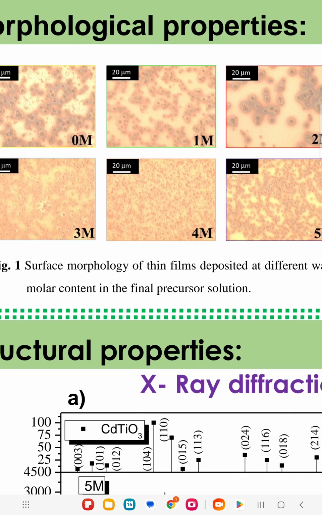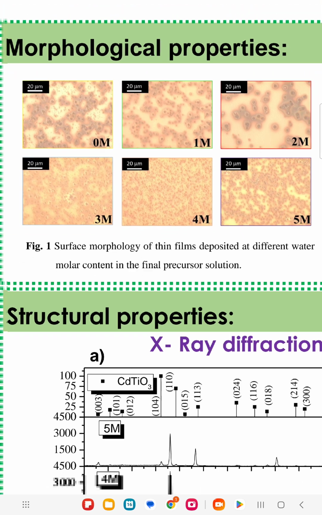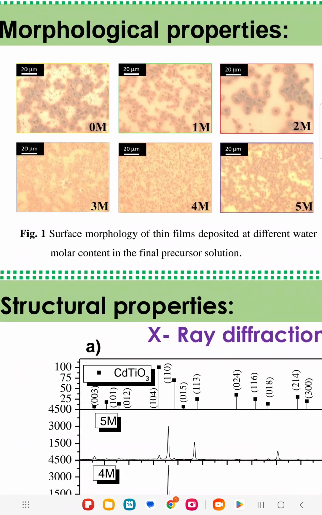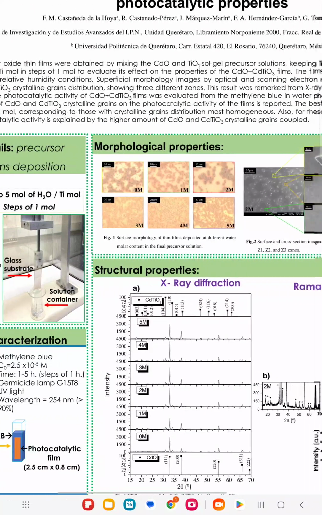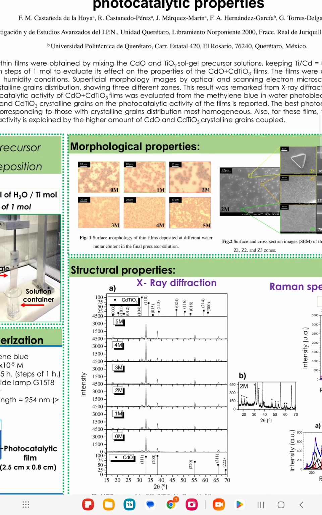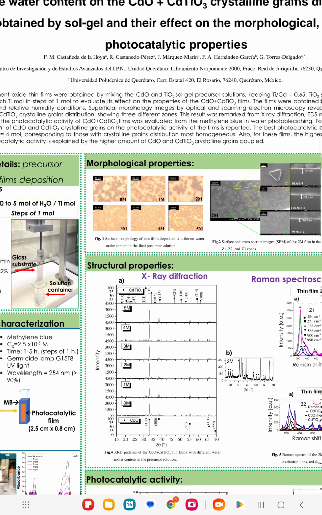We can see the segregated grains, and that's it. So these Raman results could be explained by the morphological distribution of these grains.